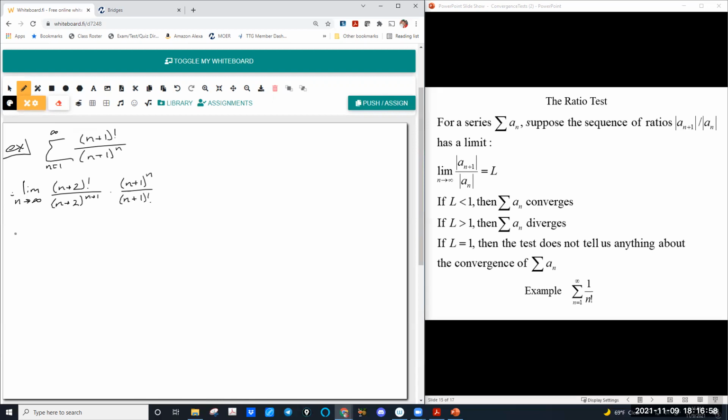Now, as we said before, our next job is to do some of the math on this, see how much we can simplify. Well, we're going to do a lot of the same factoring we've been doing. So n plus 2 factorial is n plus 2 times n plus 1 factorial, because n plus 1 would be the next term, but we only need n plus 1 factorial for our cancel.